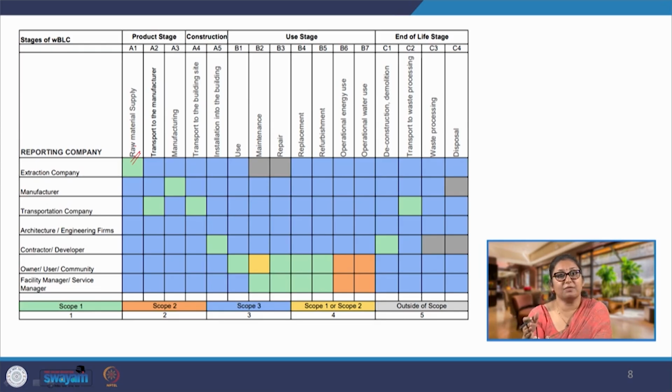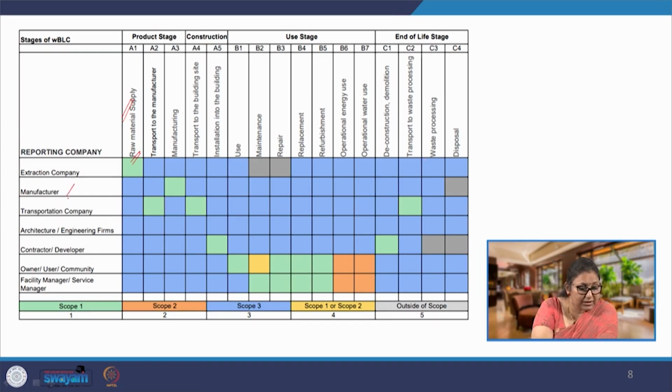Consumption of electricity will go in scope 2, but since we are not detailing out all those activities, we are only looking at the direct emissions here, and scope 2 will be there for each of these reporting companies. So, for the extraction company, the emissions coming from raw material supply are going to be counted in scope 1, and the rest of the emissions are going to be in scope 3 downstream.